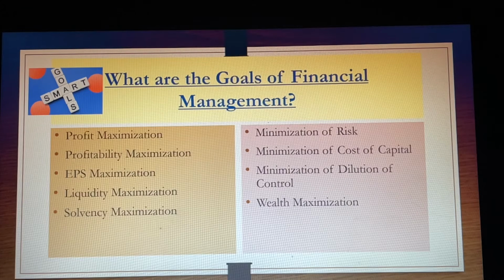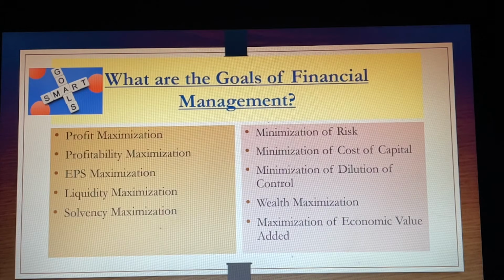The first one is profit maximization, profitability maximization, EPS or earnings per share maximization, liquidity maximization, solvency maximization, minimization of risk, minimization of cost of capital, minimization of dilution of control, wealth maximization, maximization of economic value added.